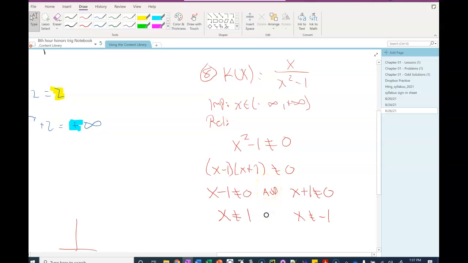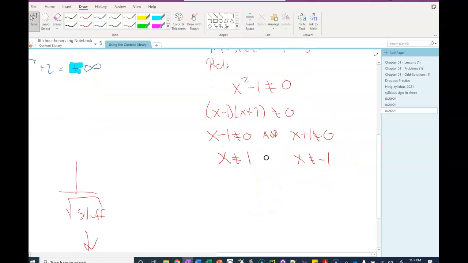And now I could try to turn that stuff all into inequalities and then try to combine the inequalities. But I think it makes more sense here to just use a little bit of common sense. So what we have here is everything that's less than -1, or the stuff between -1 and +1, or the stuff that's greater than 1. Right?